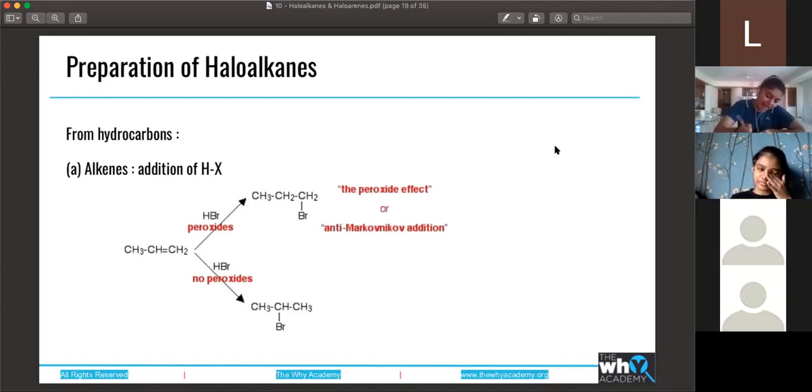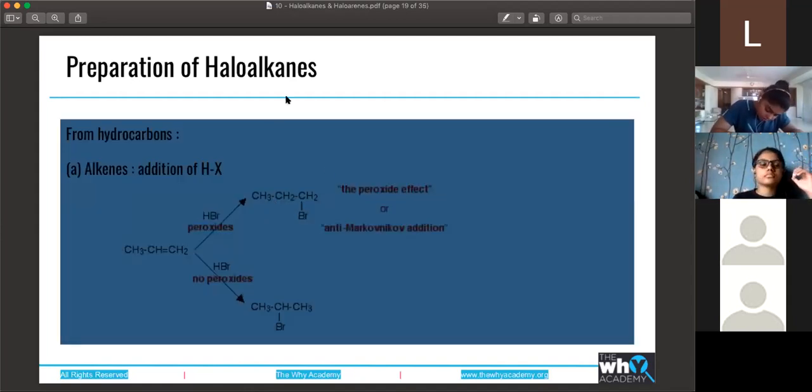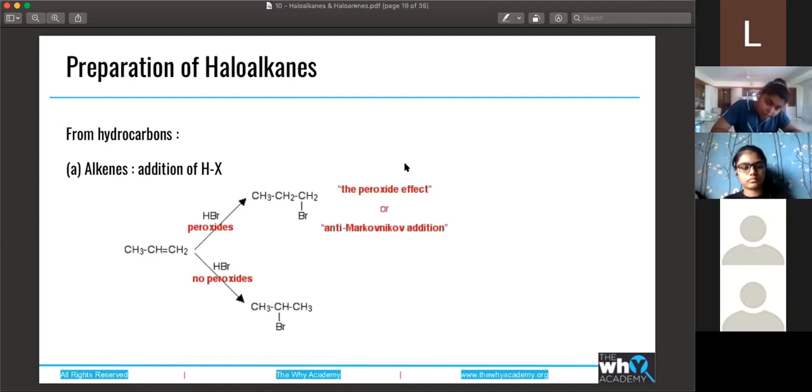Once we're done with alkanes, you have alkenes, compounds with a double bond. How do you get haloalkanes from them? For the first step, you add hydrogen halide, HX, to the double bond. You're familiar with this reaction. Addition may follow Markovnikov's rule or anti-Markovnikov's rule under special conditions.